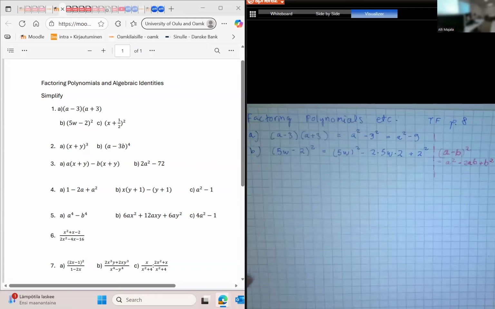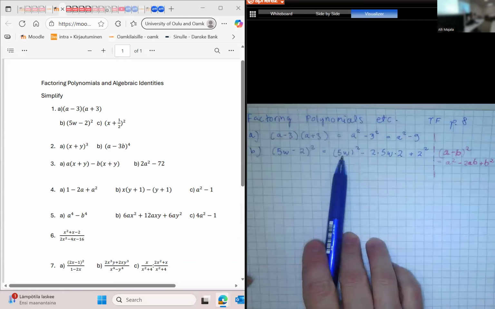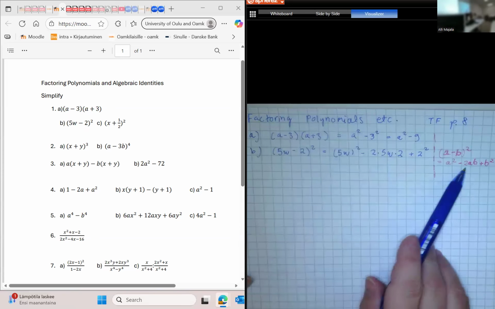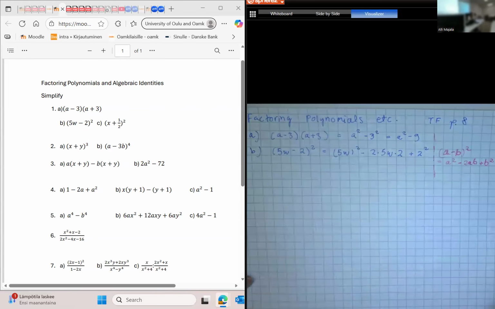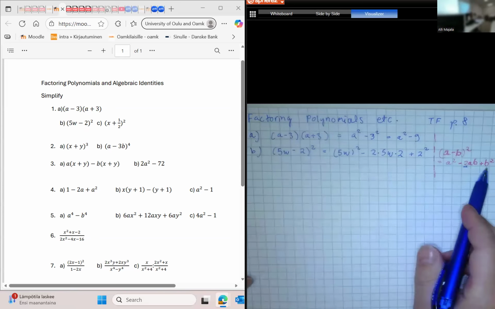So I've done it the same way here. The first in the power of 2. Then the both of them multiplied, and there's a 2 to multiply with, and then the second in the power of 2.